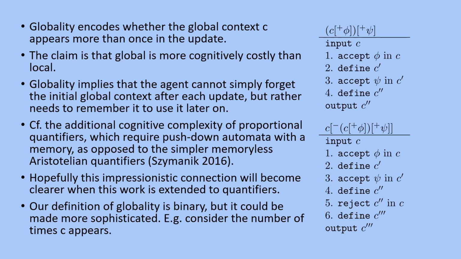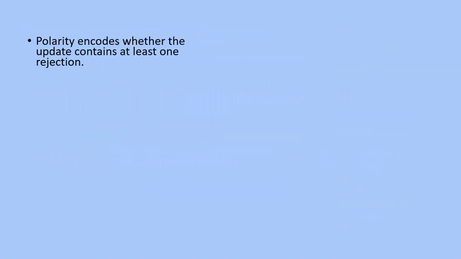Hopefully these connections become clearer once we extend this to quantifiers. Our definition of globality is binary, meaning that either an update is global or not, but it can be refined in various ways: by the number of times C appears, or by the number of contexts the agent needs to keep track of at the same time, or other things that we can discuss in the Q&A.